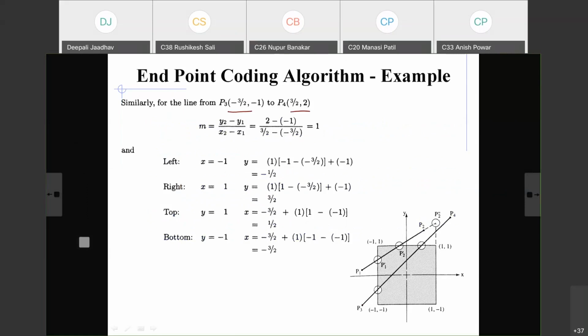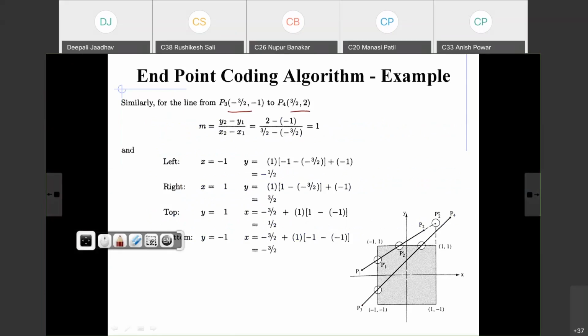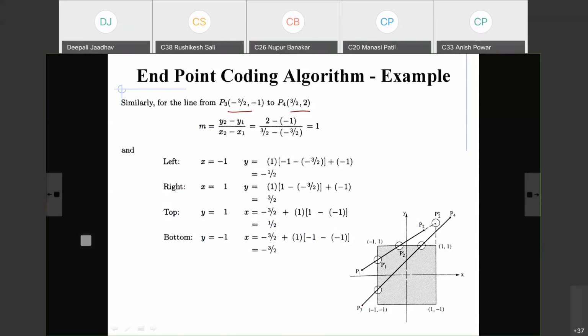And P4 is minus 3 by 2 and plus 2. Again, we need to first calculate the slope of the line, that is (y2 minus y1) divided by (x2 minus x1). We get the value 1. Now the calculation is simple because the slope is 1. Now put the values in the equation.